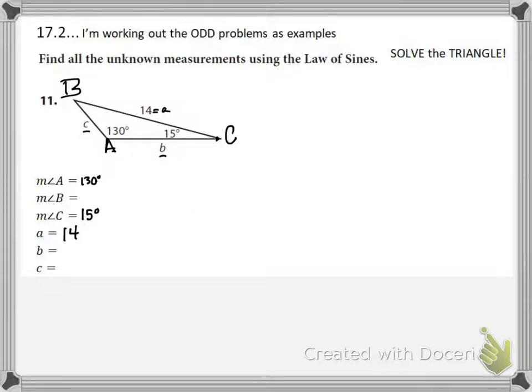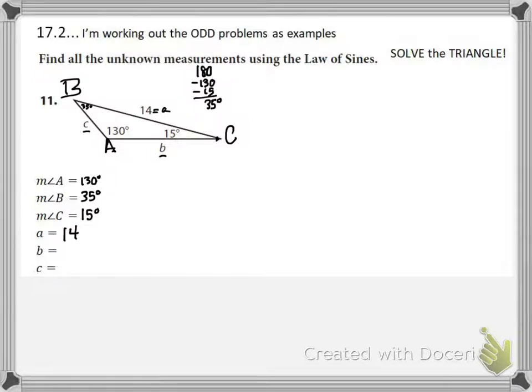If I know two angles, I'm going to figure out the third angle by saying 180 minus 130 minus 15. 180 minus 130 is 50. Minus 15 should be 35 degrees. That is this angle right here. 35 degrees. Angle B, 35 degrees.